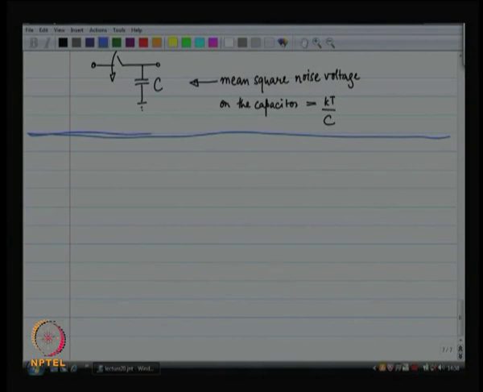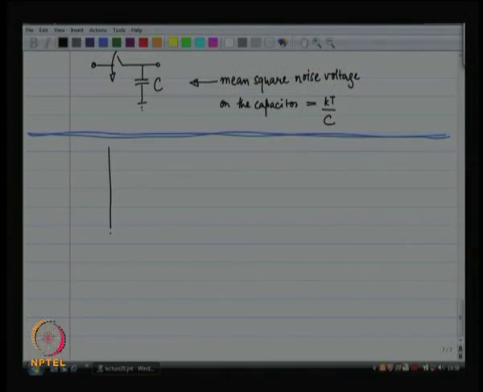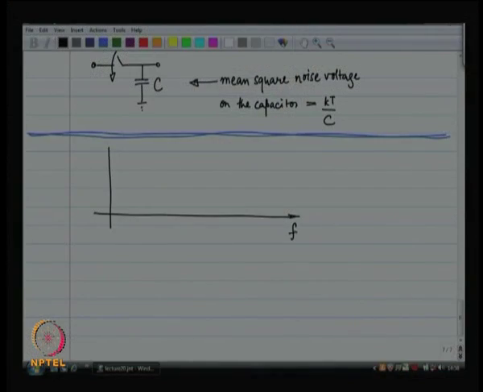Now, before we jump too much into this kT over C business, how is this happening? What is going on over here? So, it is like this, when you look at the power spectral density of a noise voltage, it is uniform. Let us not draw it as a function of f, let us say it is a function of omega.